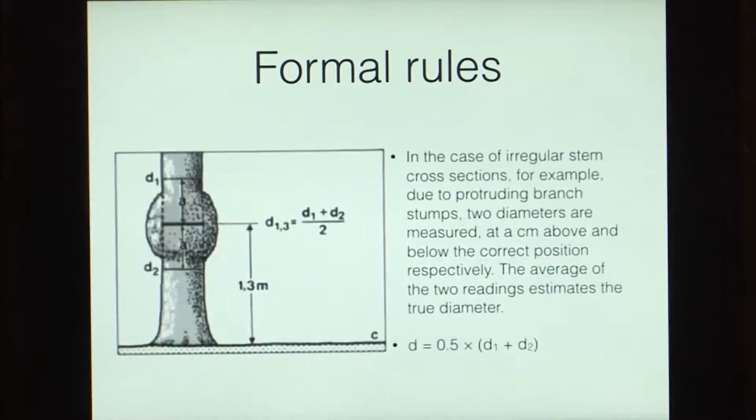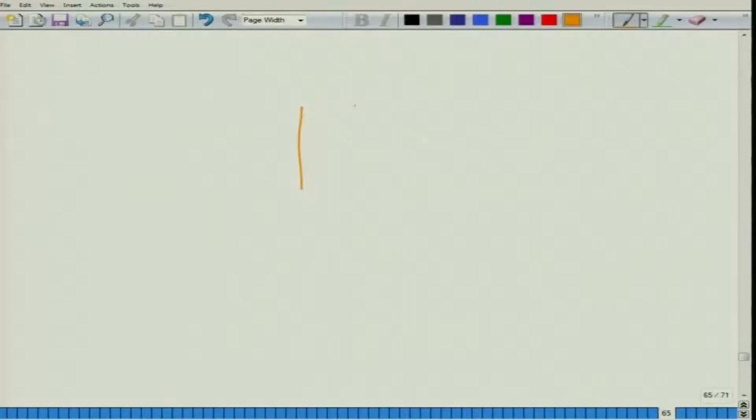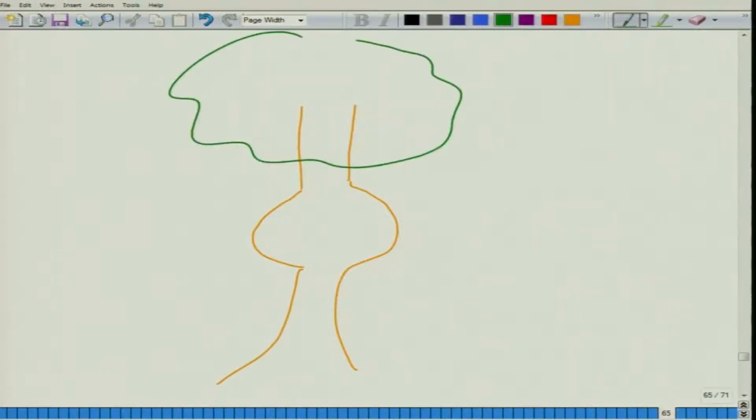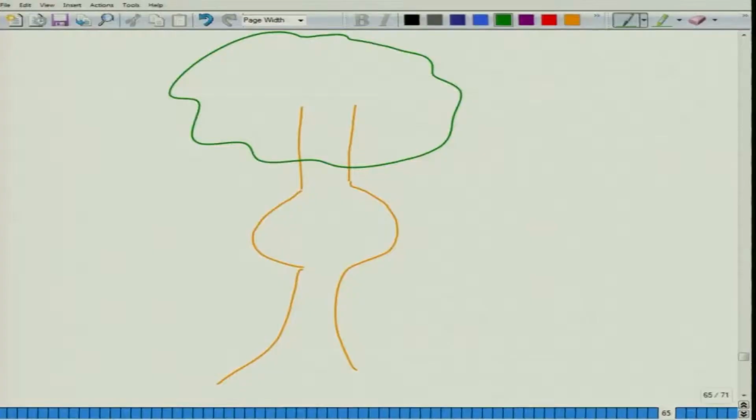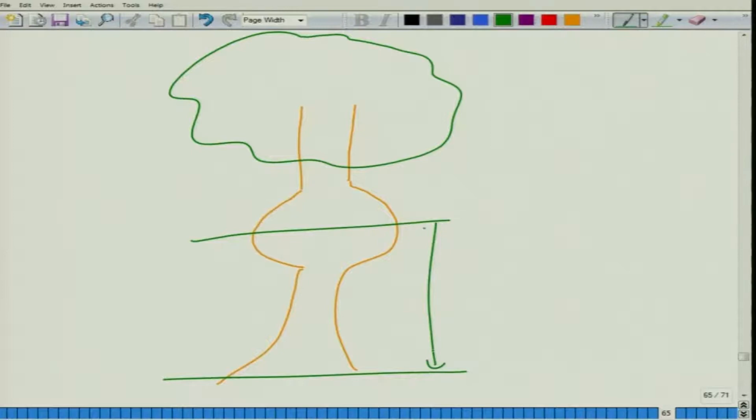Similarly, if your tree had a bulge in between, now this bulge could be an irregular stem cross section, you could be having a branch that is protruding, or you could be having a bulge that is caused by some insects. So, in such cases, suppose your 1.37 meters comes here.